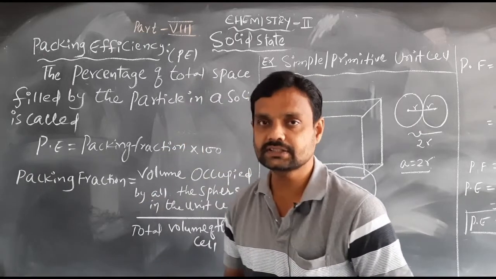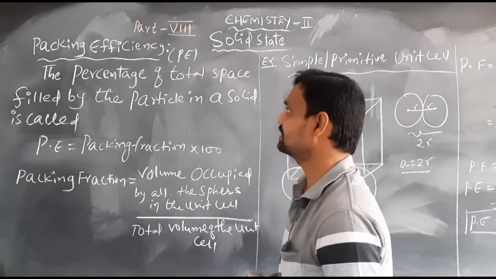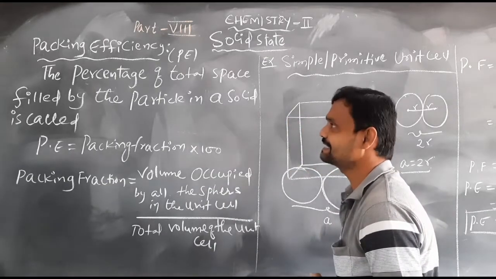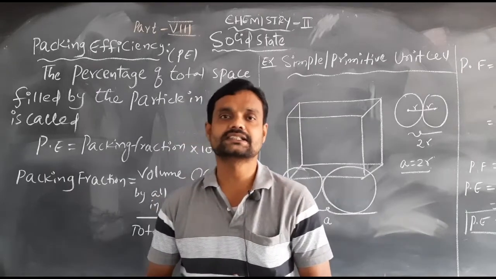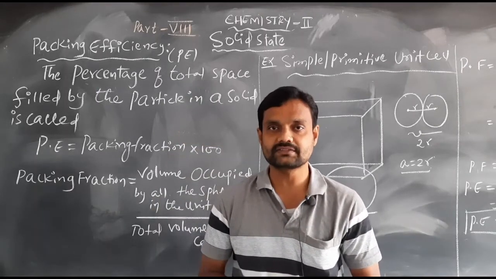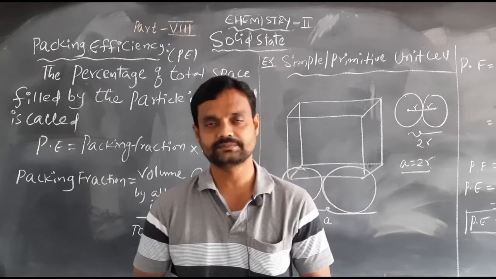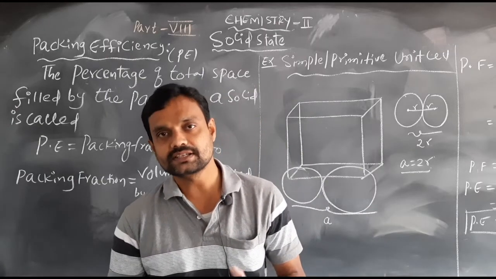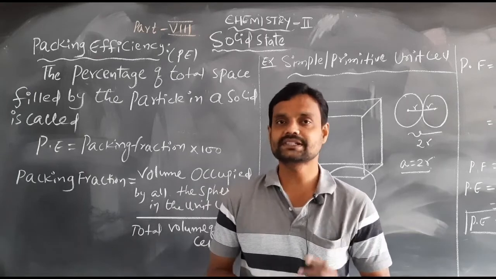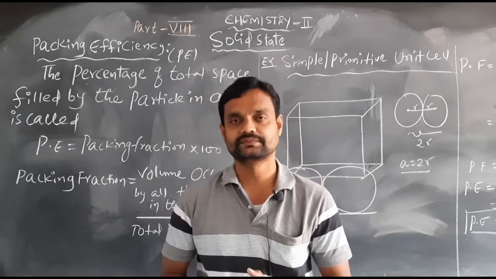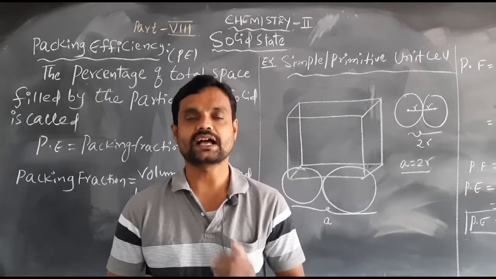Now, here we are going to discuss the packing efficiency of the unit cells. There are different packing efficiencies for different types of unit cells. Already we know simple or primitive means only corners. Body centered means corners plus body occupied by atoms.